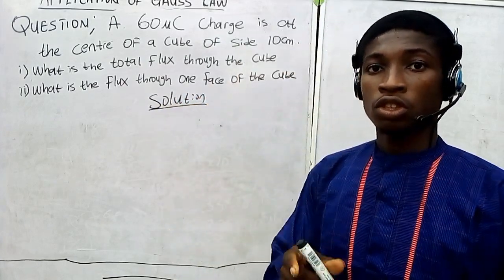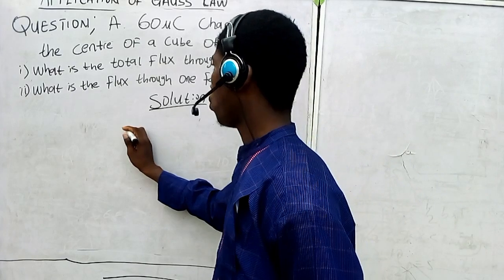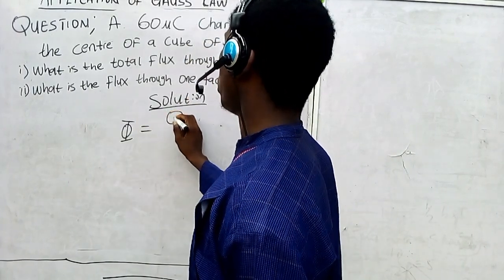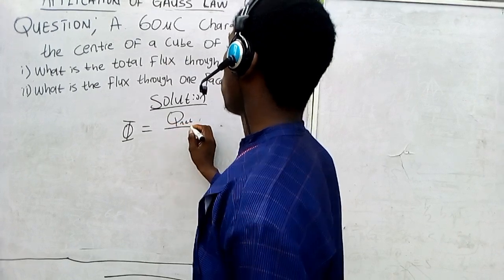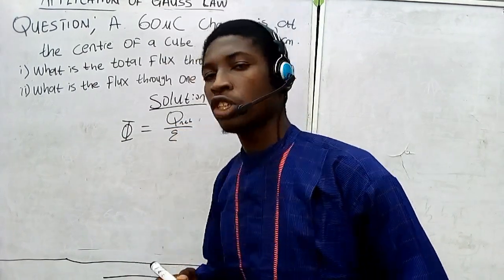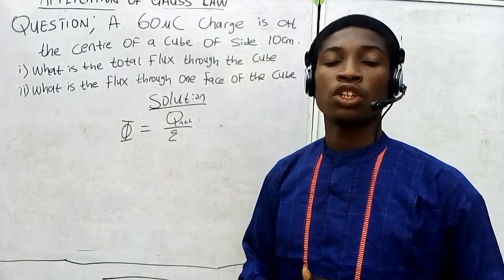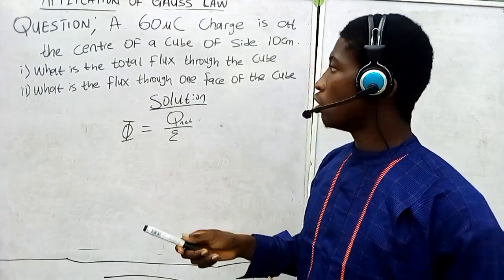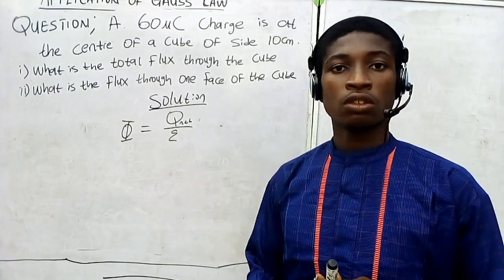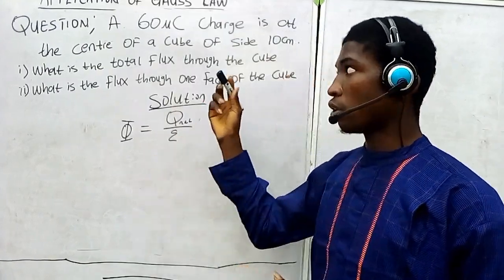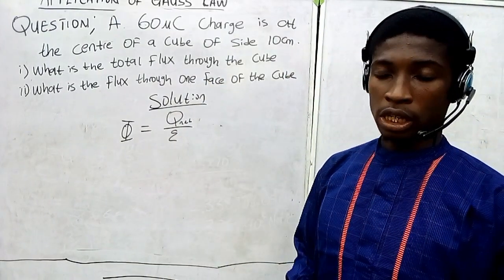Because of symmetry, electric flux will be equal to the net charge over the permittivity of free space. And if I remember very well, for those in the Federal University of Technology of Owerri, FUTO, this question is in your textbook, and the question there is actually very wrong. So this is the correct solution for that question.